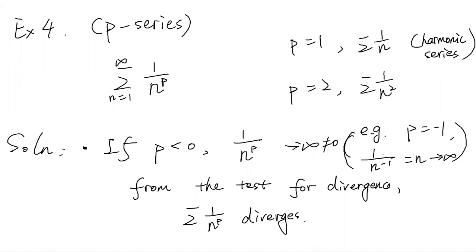And then when p is equal to 0, the nth term in the series is equal to 1 over n to the 0. And the 0 power of any non-zero number is equal to 1. So this is equal to 1.